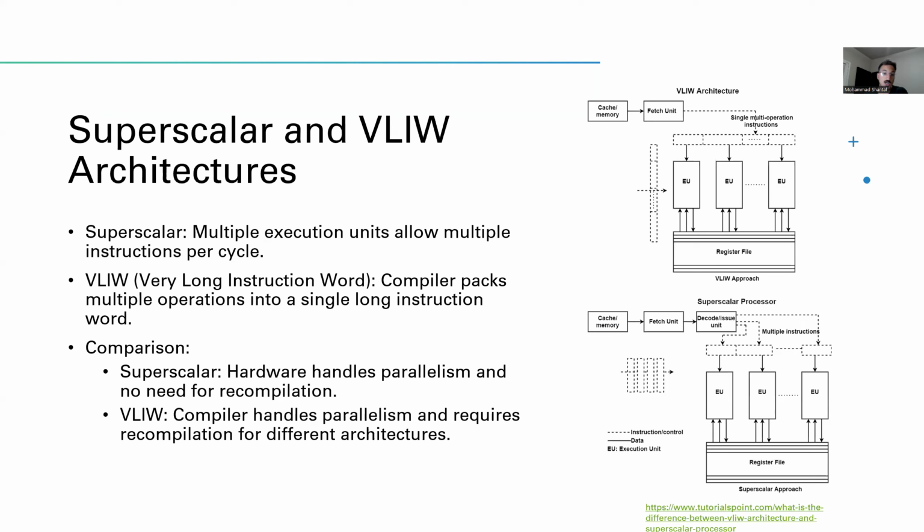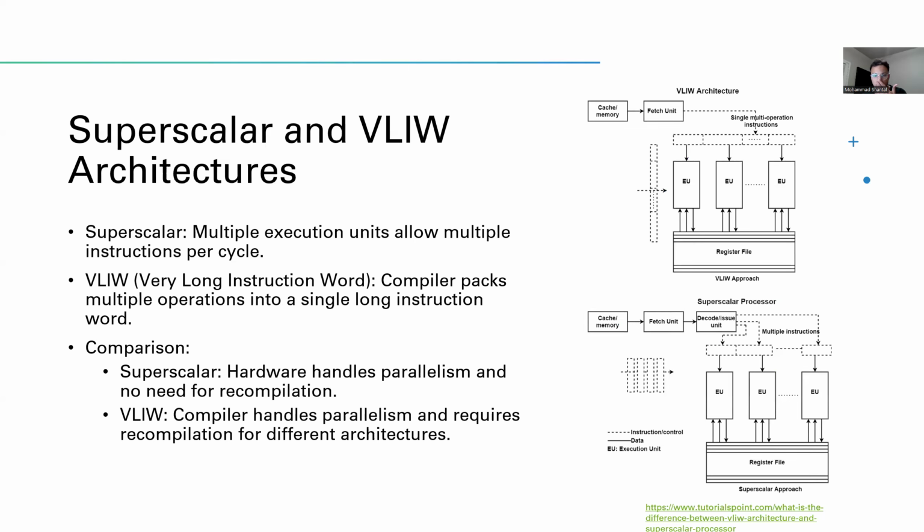In the superscalar, the hardware handles parallelism and there's no need for recompilation, whereas in the very long instruction word, the compiler handles the parallelism and requires recompilation for different architectures.